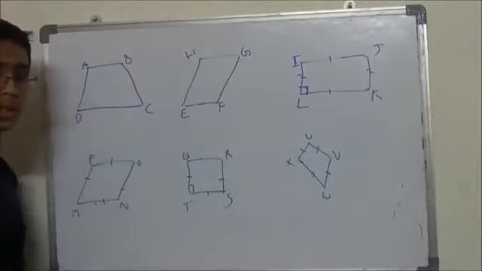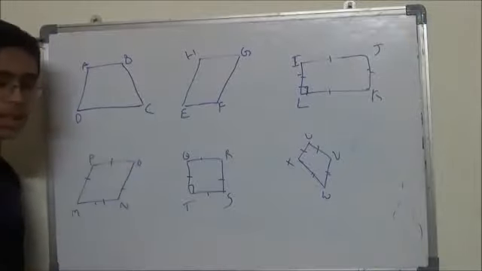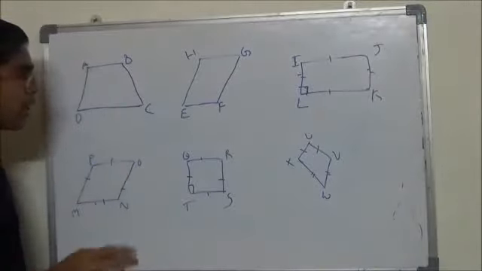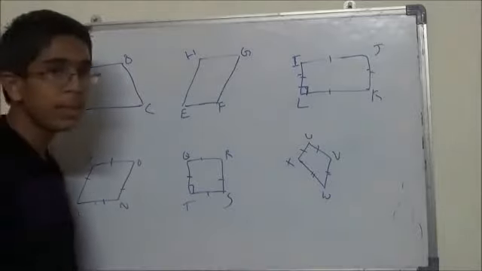So what are these quadrilaterals? There are roughly 6 types of quadrilaterals, and this is the first one, which is a trapezium. A quadrilateral having one pair of parallel lines is known as a trapezium.